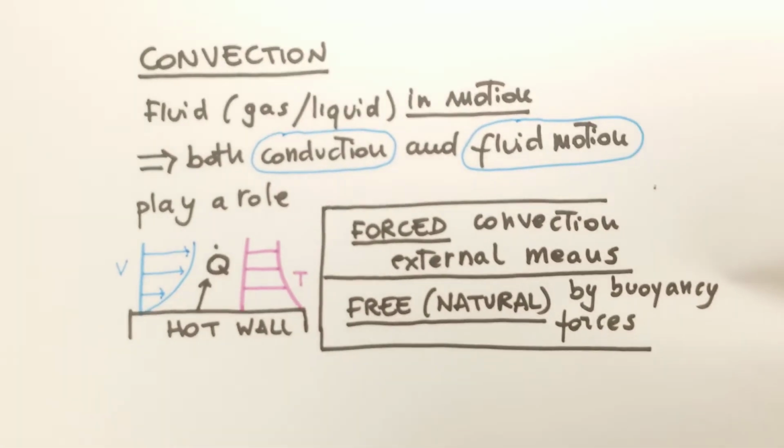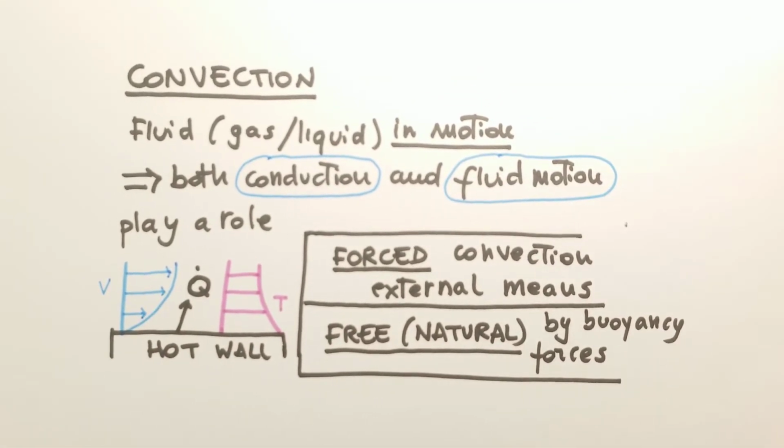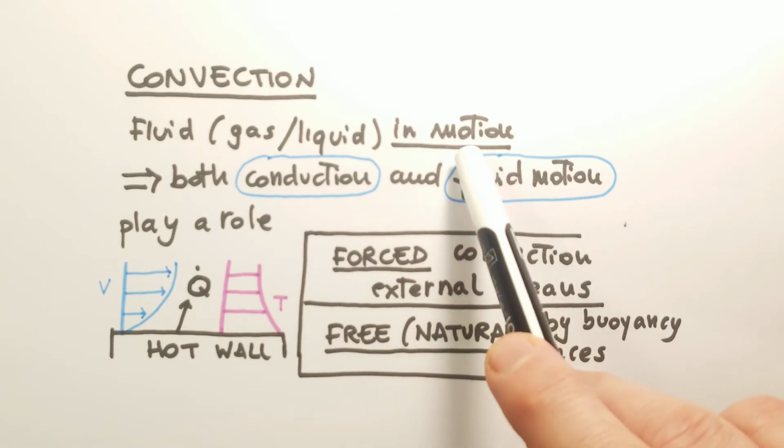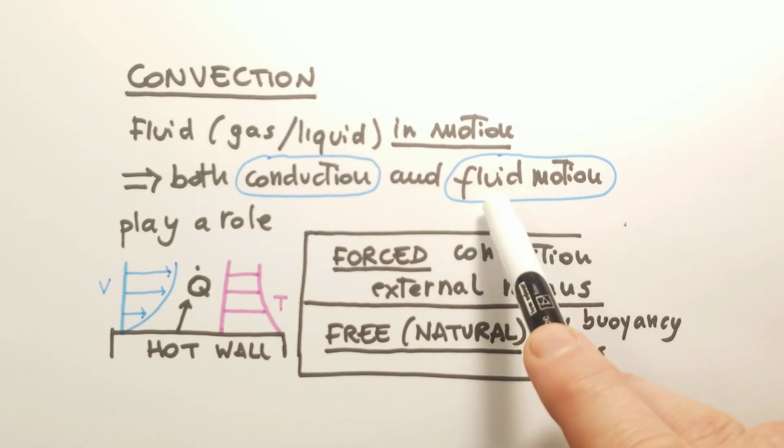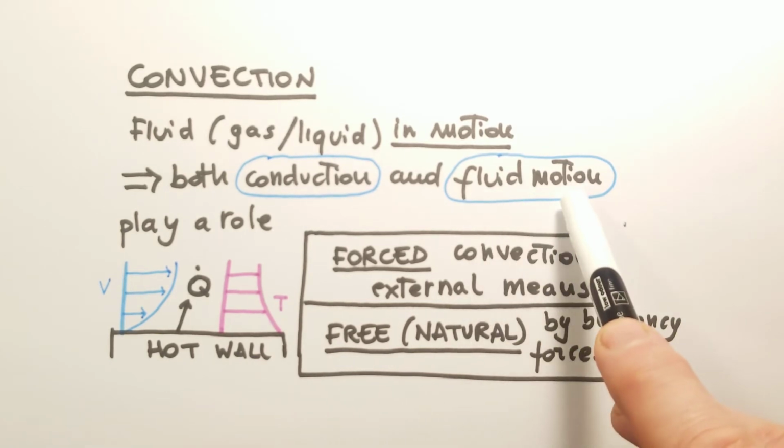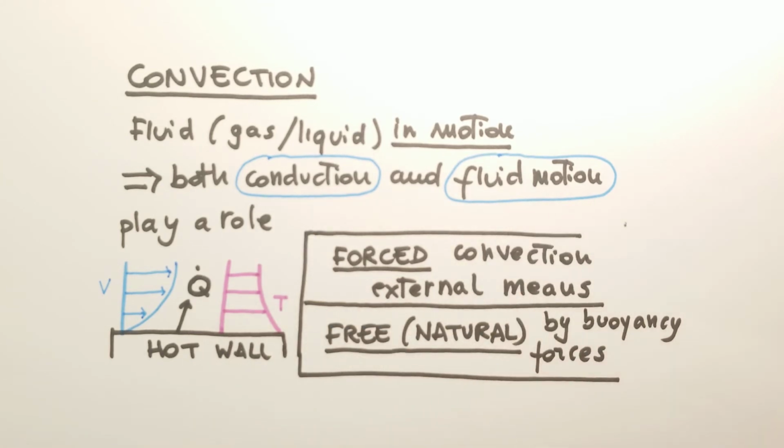Now, let's talk about instead convection. In convection, heat transfer only occurs in gases or liquids, so in fluids. They are in bulk motion. And of course, conduction still occurs, but the heat transfer is also and mostly due to the fluid motion. They both play a role.